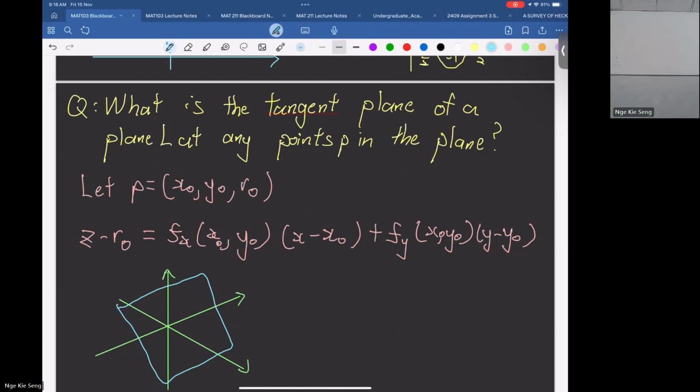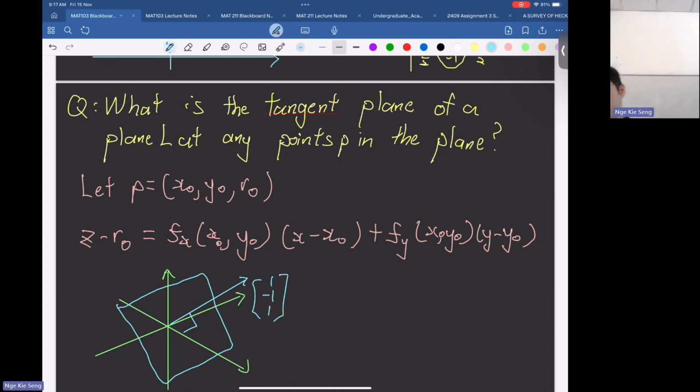Okay, so let's say our normal vector faces this way. Facing this way, then maybe it could be, let's say, 1, minus 1, 1.